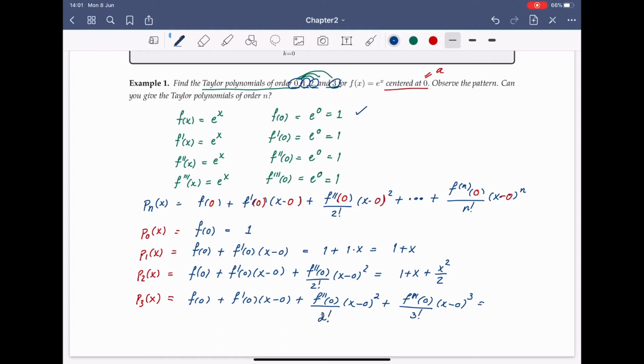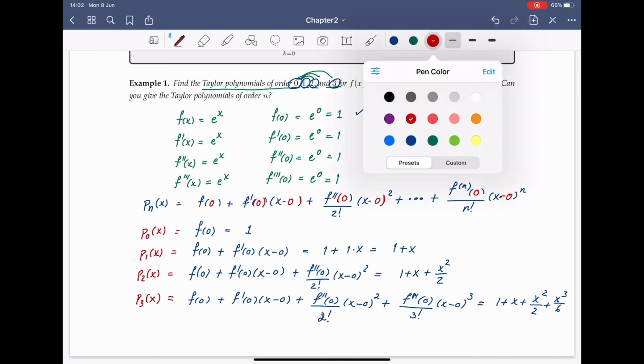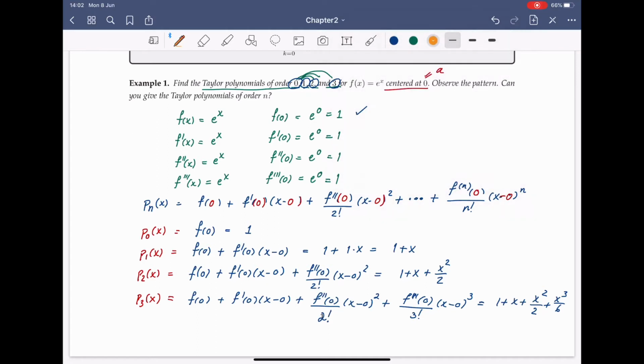So at the end you have 1 plus x plus x squared over 2 plus x cubed over 6, right? That is how you compute the Taylor polynomial. And if you can guess the Taylor polynomial of order n, I am going to give the answer here in the box.